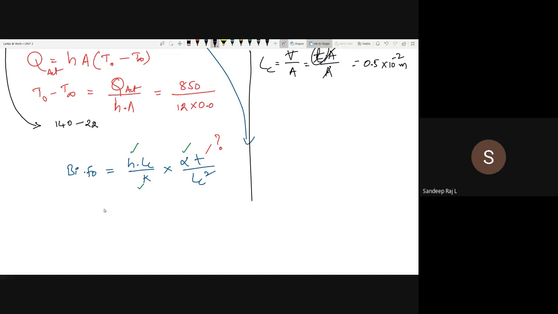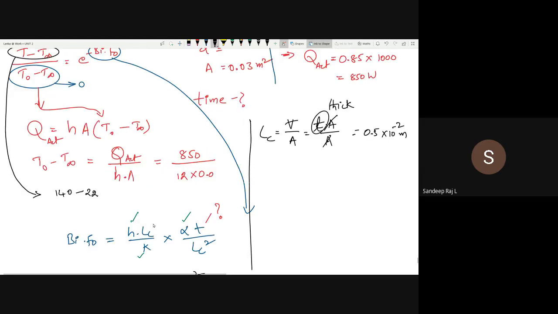Is it clear? I will leave it here for you to do. So what you have ultimately, let me do this one. The H value is 12. The LC value is 0.5 into 10 to the power of minus 2, by K. The K value is given in the question or not?